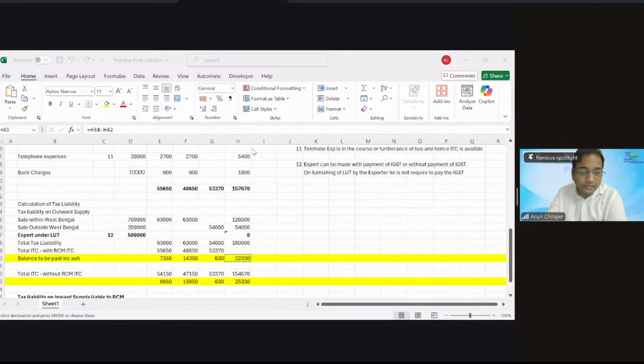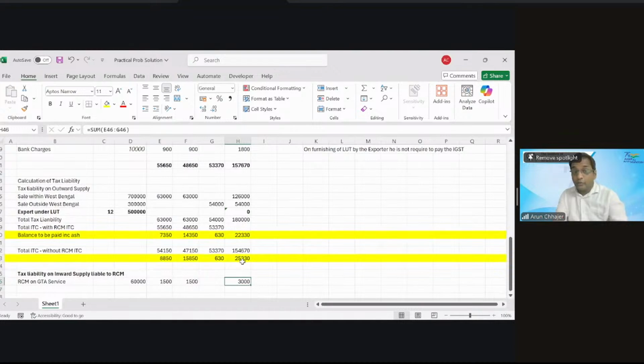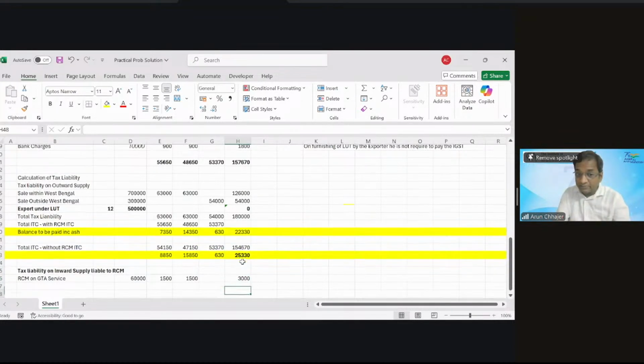So, Saminathan, in your case, what would be the answer? The balance liability apart from RCM, I'm talking about normal charge. What would be the liability to be paid in cash? Is it 22,330 or 25,330? No, no, no. According to you, I will pay this much of the amount and I will pay this much of the amount.